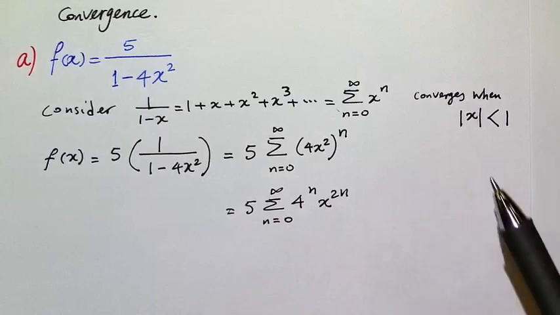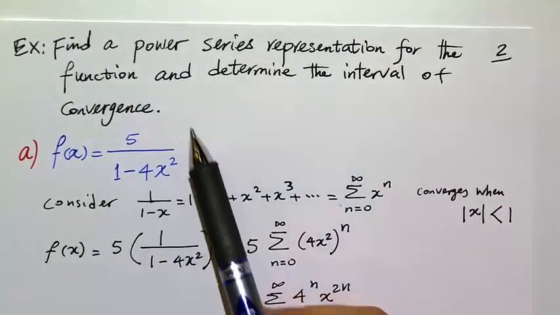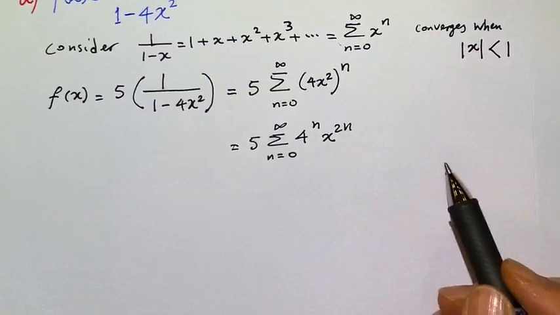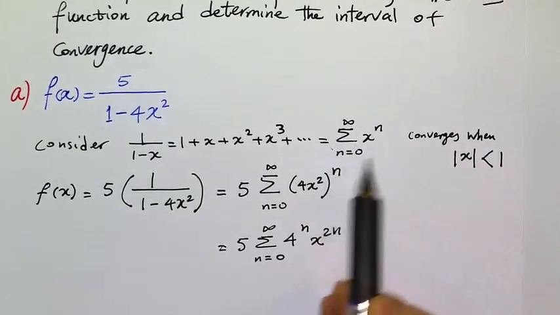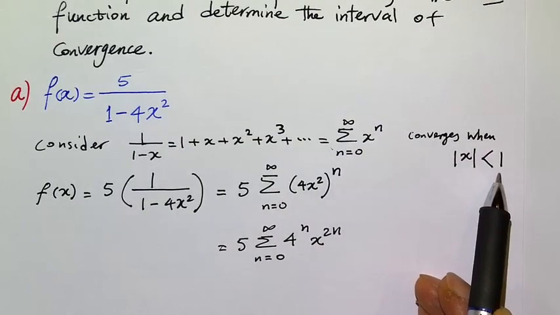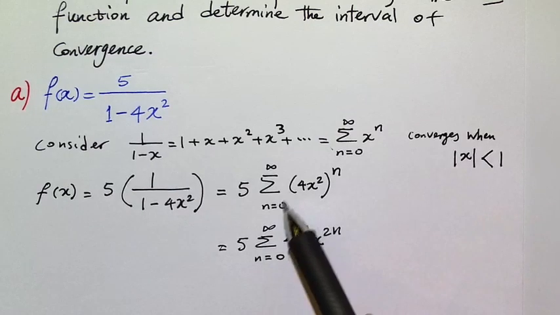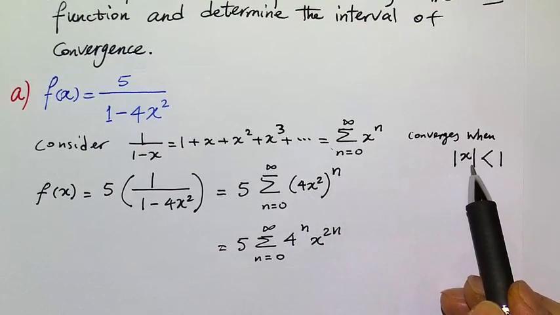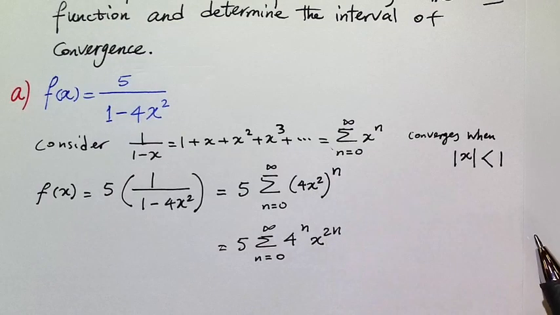So now, here they're asking us to determine the interval of convergence, and we have to start by noticing what the radius of convergence is. So the radius of convergence for this power series is, of course, r equals 1, right? We learned this in the previous section, 8.5. So for this power series, instead of absolute value of x, we have absolute value of 4x squared, which should be less than 1.